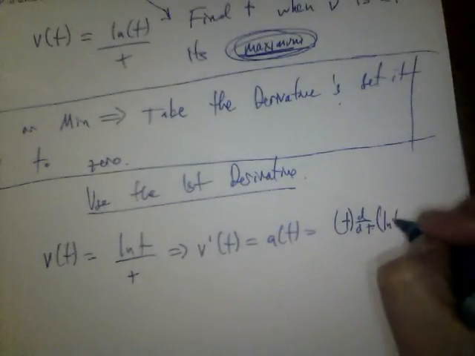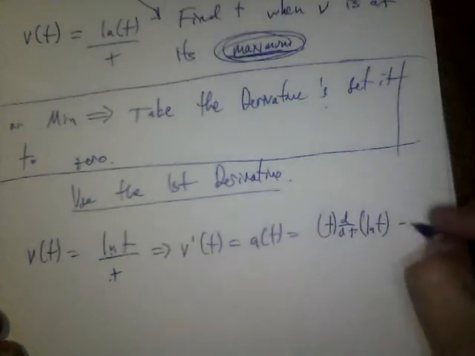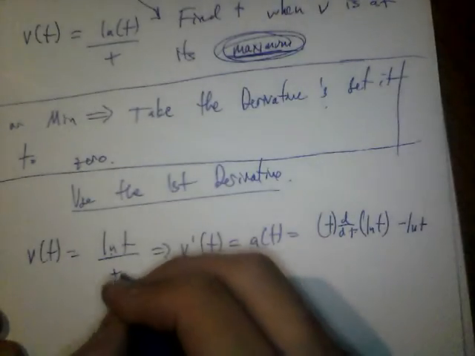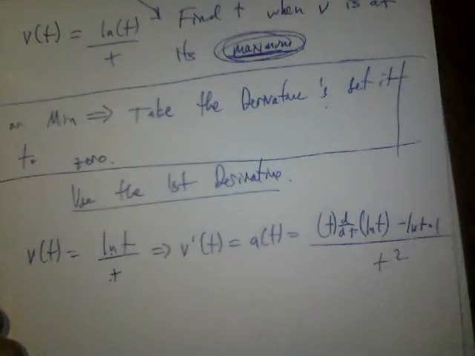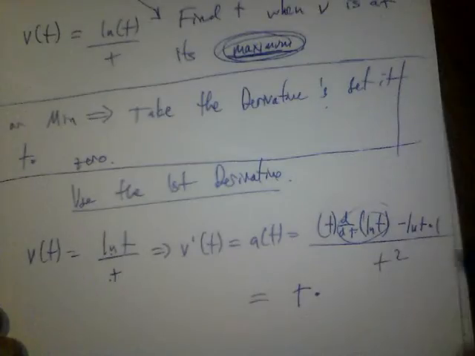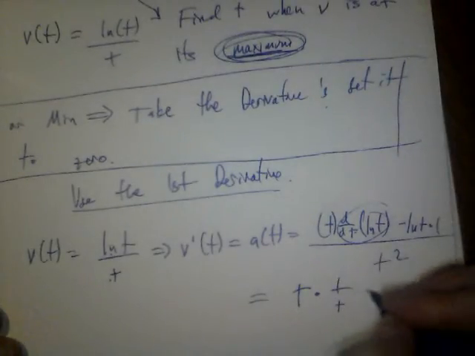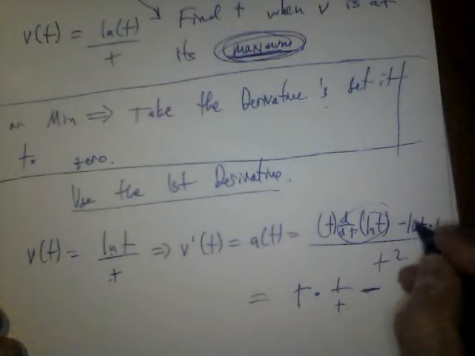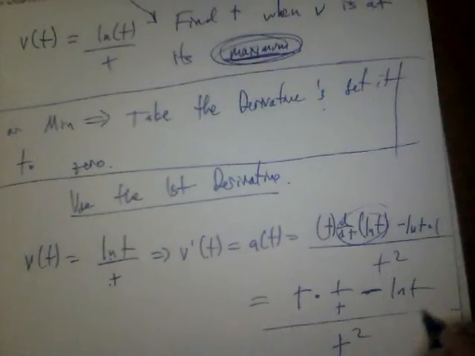The derivative of t with respect to t is 1, all over low squared, which is t squared. Rewriting: t times the derivative of ln of t, which is 1 over t, minus ln of t times 1, which is just ln of t, all over t squared.